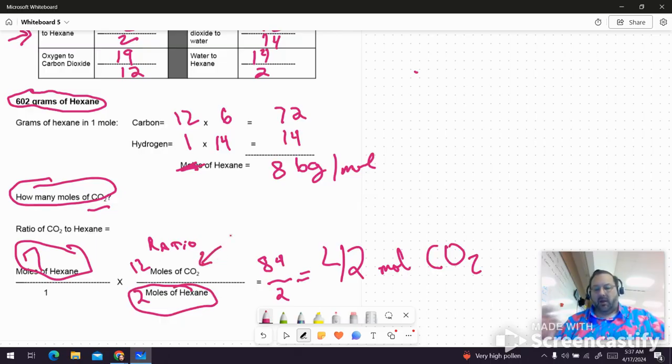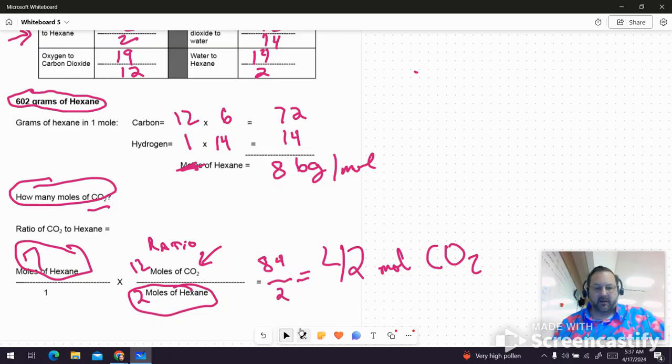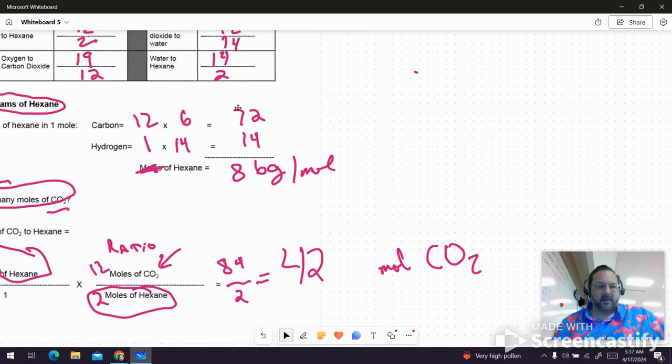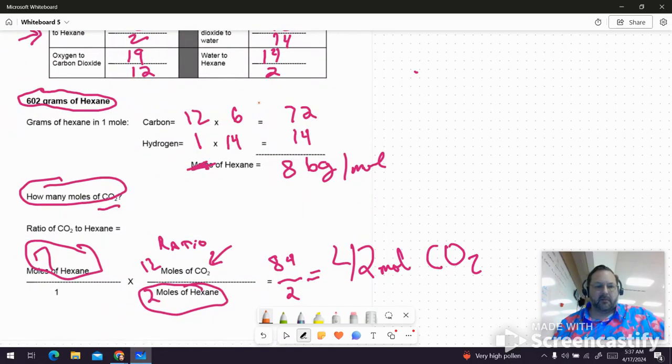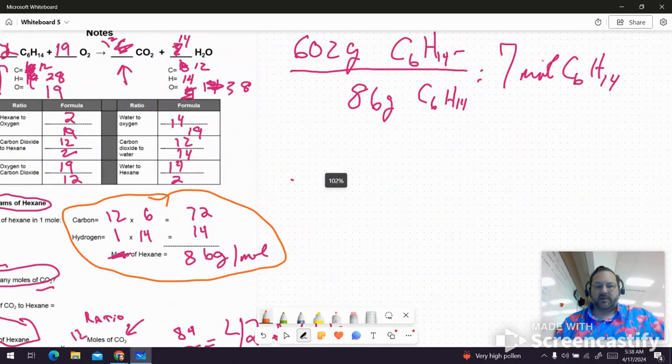So literally the only thing that we've added in this whole entire process, hopefully with a little better understanding of the mole, is this process right here, in this fraction up here, where we convert the grams of the substance.